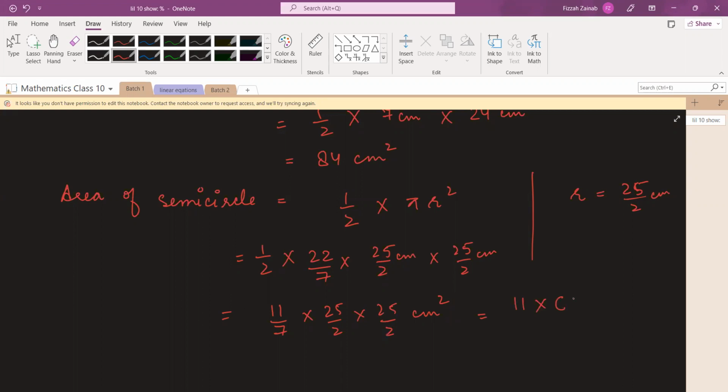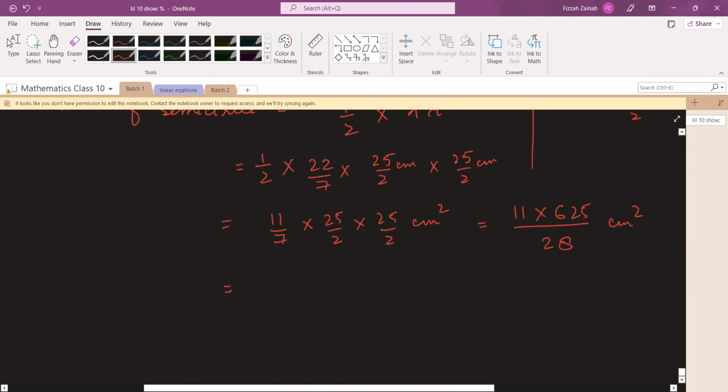So 11 into 625, and then 7 into 4 is 28 centimeters square. Now, can you just multiply this quickly? 625 into 11. Six eight seven five. Okay, 6875. Good. Centimeter square and divided by 28.